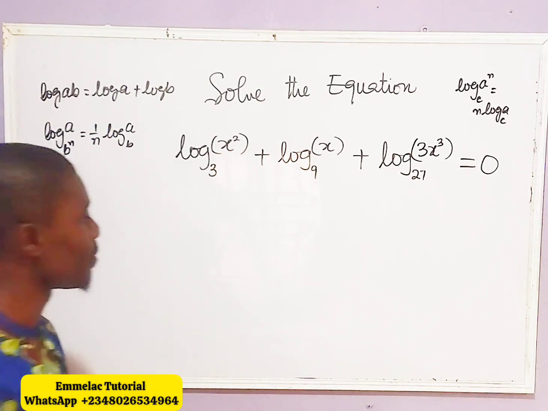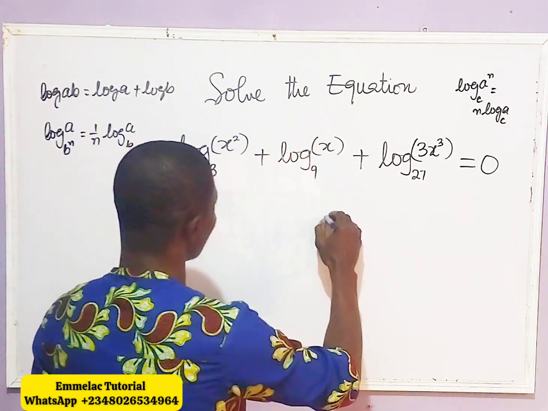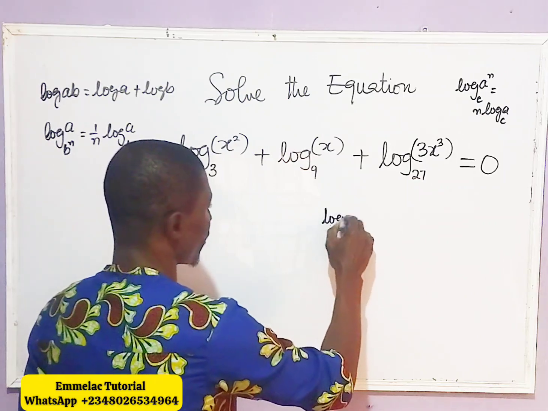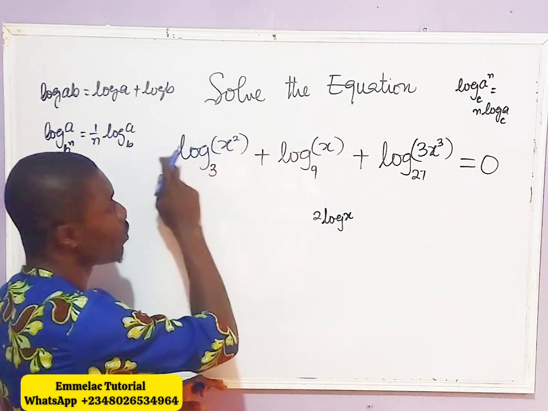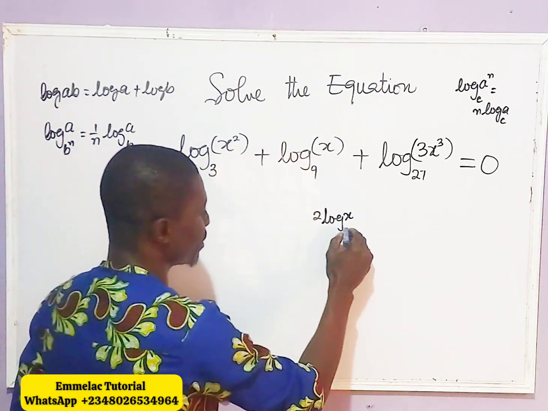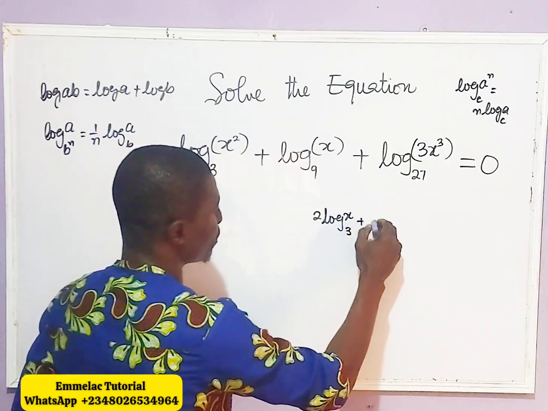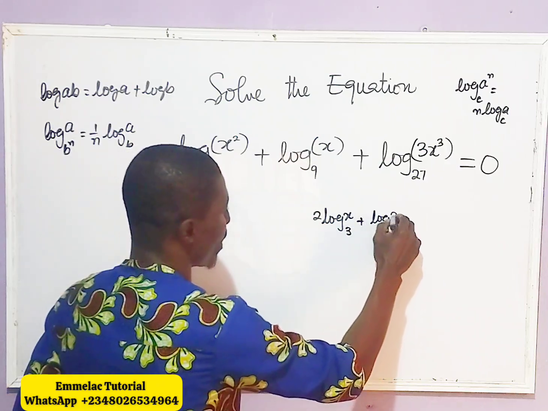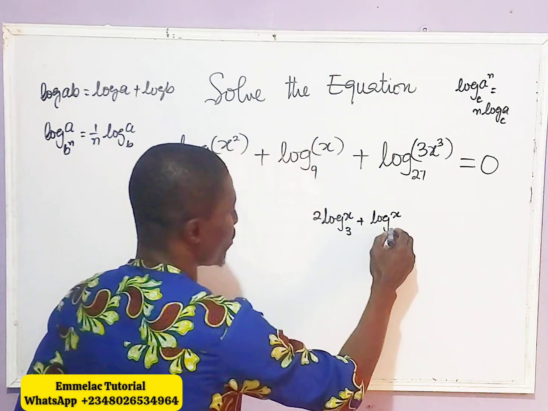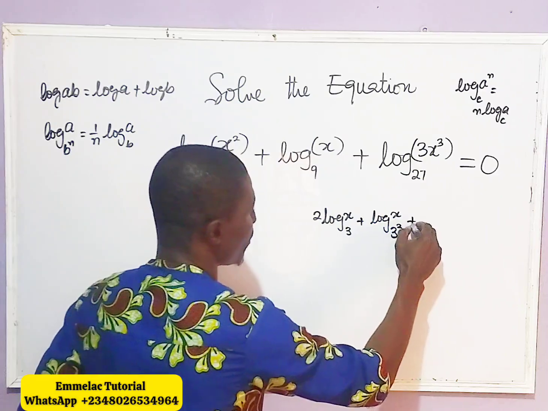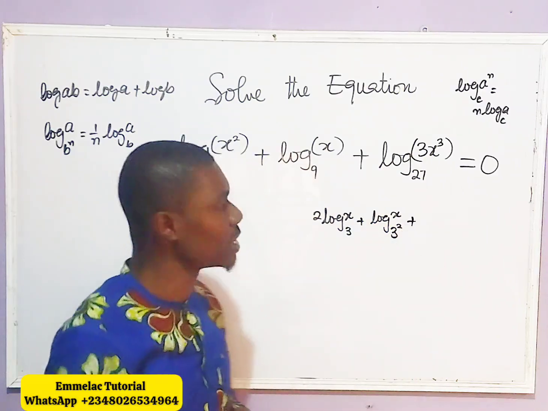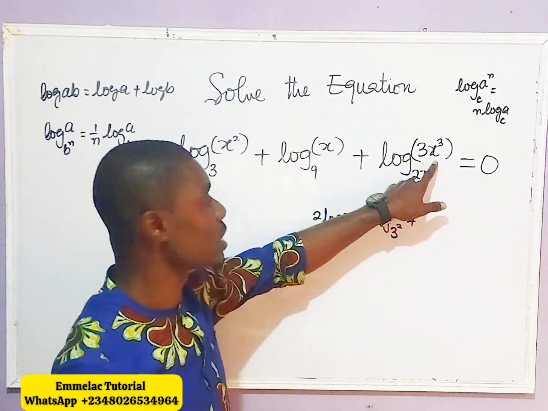So from here we have log x, because these two come over here, then base 3, plus log x, then 9 here becomes 3 raised to the power of 2, then plus, now we'll be splitting this because this is just two terms.